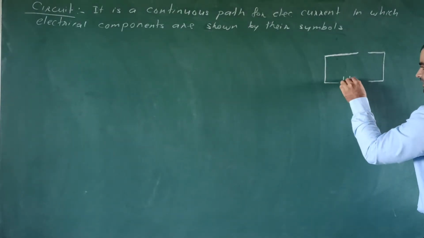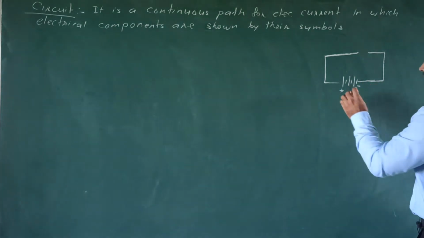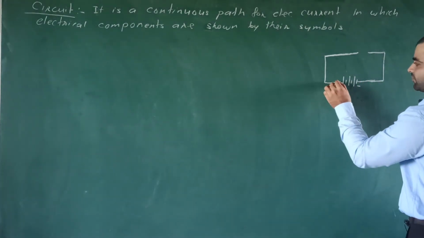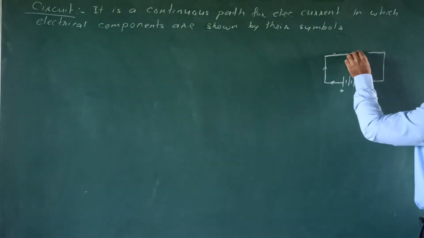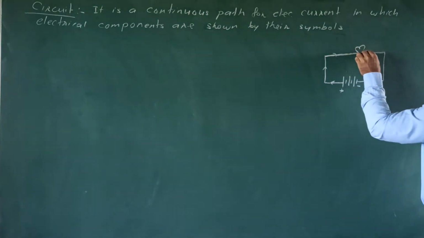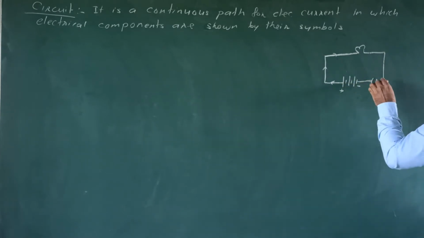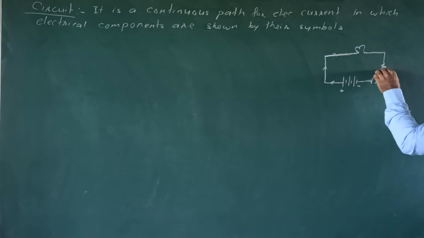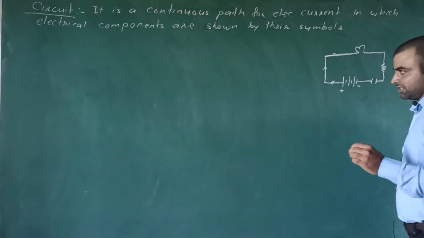Here is the battery, and the direction of current is from the positive terminal to the negative terminal. Here are some components like an electrical bulb, a switch, and any other component like a resistance. So it is an electric circuit.